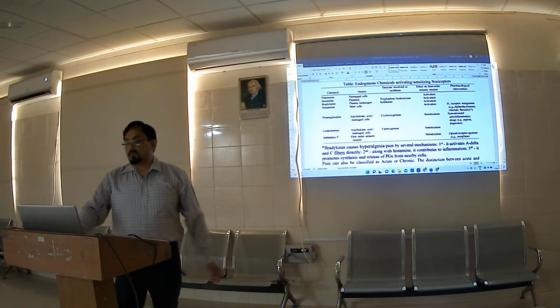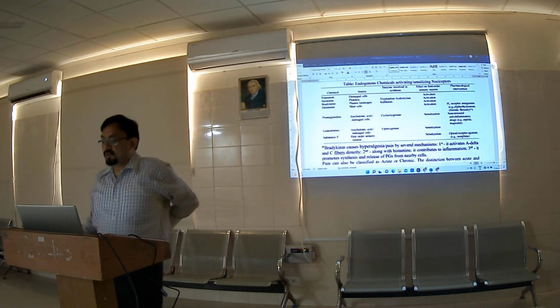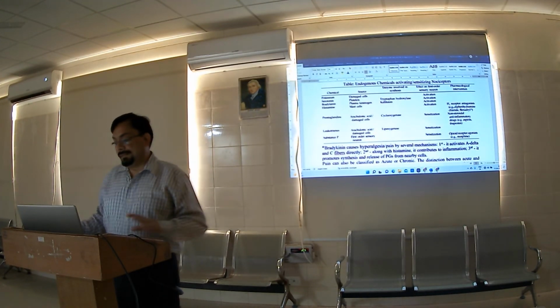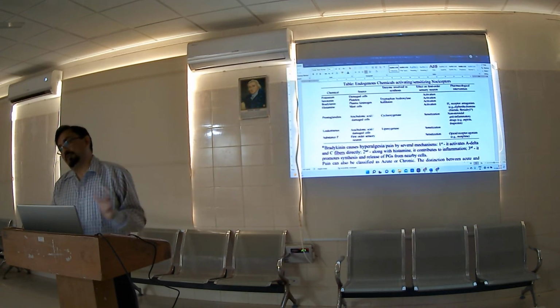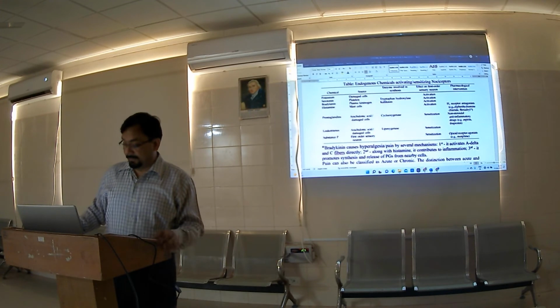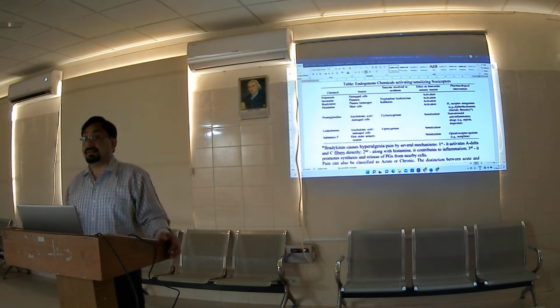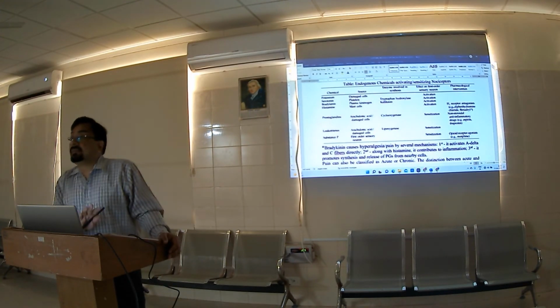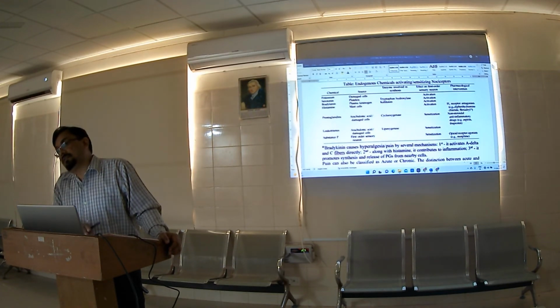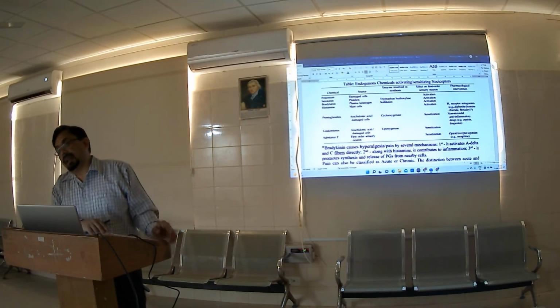Third, it promotes the synthesis and release of prostaglandins from nearby cells. So bradykinin and glutamate are a little more important with reference to pain. Directly they are there, and bradykinin not only has a direct action, but indirect actions are also involved through the second and third mechanisms.